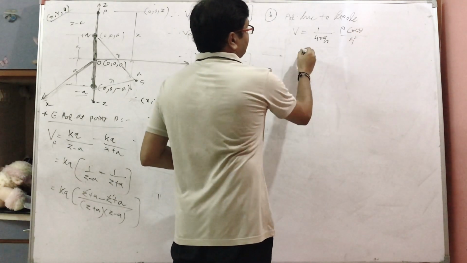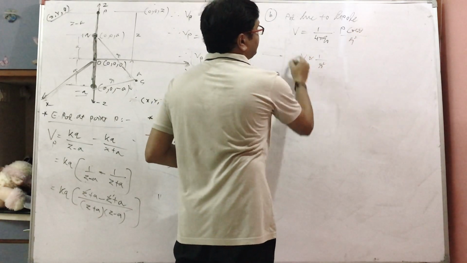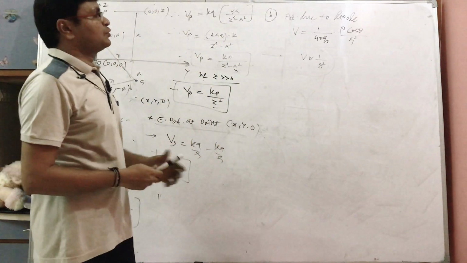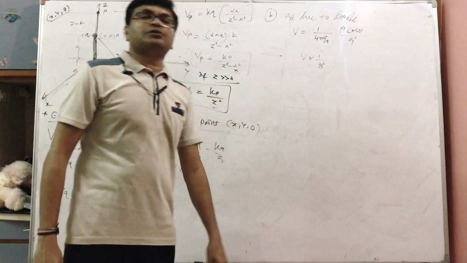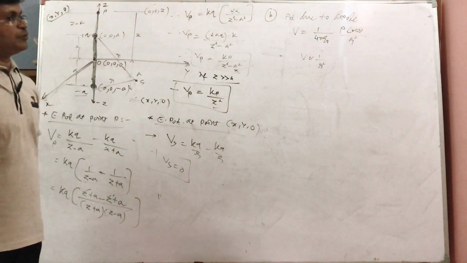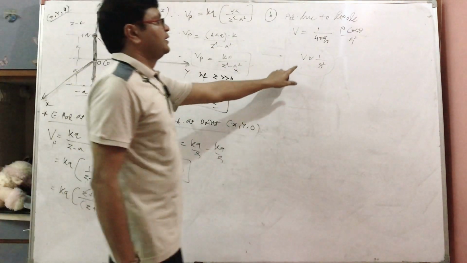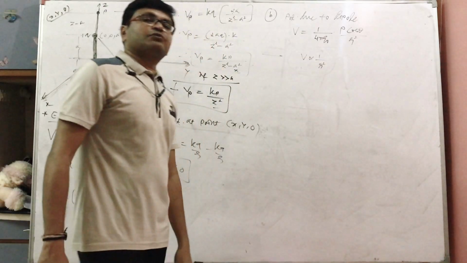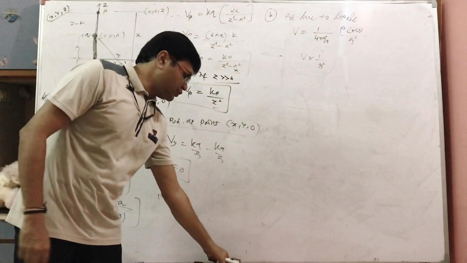But here we would like to find dependence in terms of distance. So obviously V is inversely proportional to square of the distance. Very handy point. तो ये direct answer आ गया. Potential is inversely proportional to the square of the distance. So this is your second part.